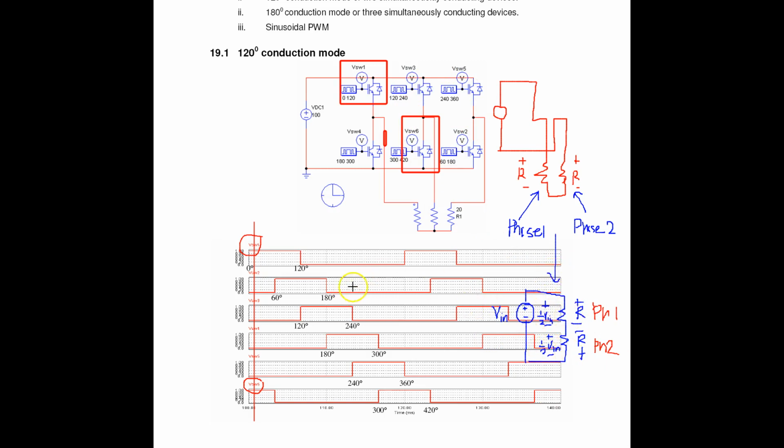So now let's look at the real waveforms, the simulated waveforms. I'm going to clear that.